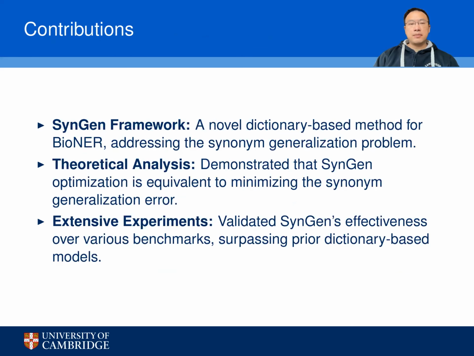In this paper, we make several contributions. First, we propose the SynGen framework. It is a novel dictionary-based method for the biomedical NER task, and we propose to solve the synonym generalization problem. Secondly, we conduct extensive theoretical analysis to show the correctness and effectiveness of our proposed SynGen framework.